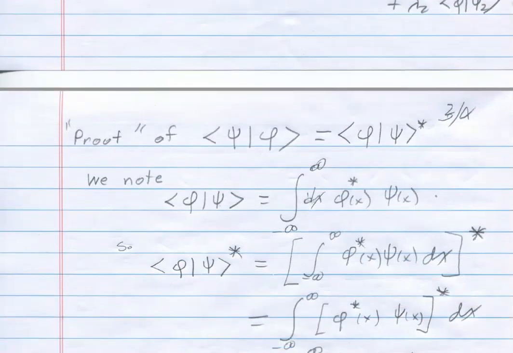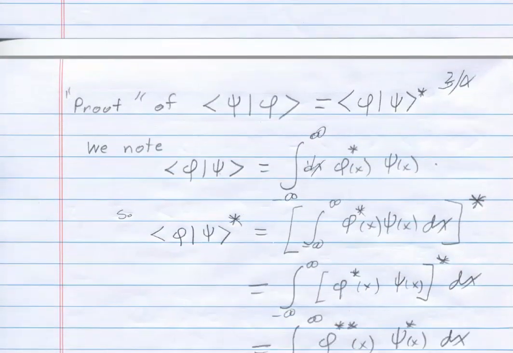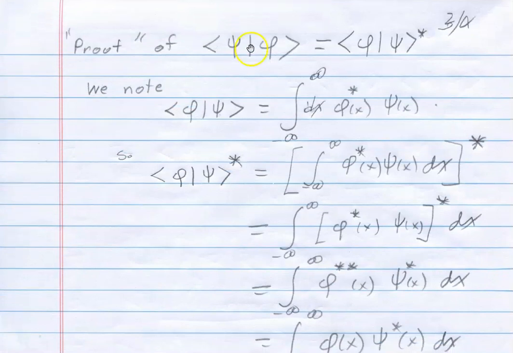I used this pretty heavily, and you might say, well, how do you know that? So let's take a look at that. The way I would do it probably is I'll just note that this quantity phi times psi is equal to the integral, the sum over all the components of phi star psi.